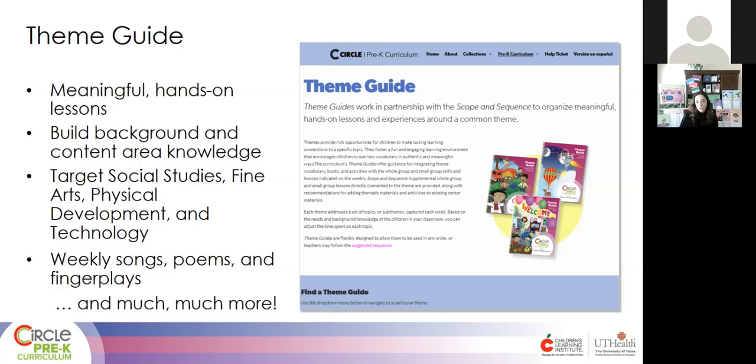Well, those are covered in the theme guide. That is why the two together provide that comprehensive curriculum. So the theme guide will not only address domains that were present in the scope and sequence, but they're also going to very much target social studies, fine arts, physical development, and technology, so that all of the domains in the guidelines are addressed.